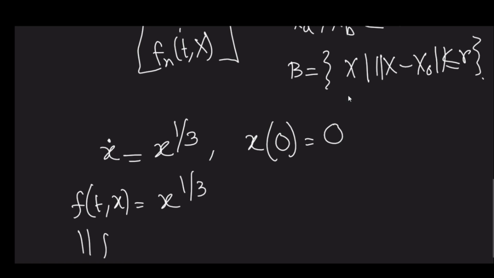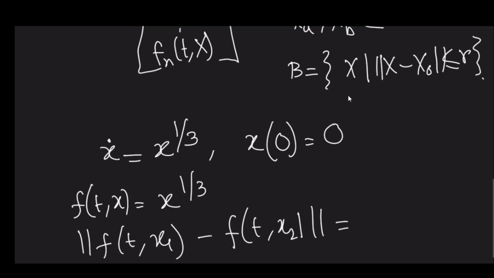So let us take f(t, x1) minus f(t, x2). What you will get is the norm of x1 to the power 1 by 3 minus x2 to the power 1 by 3. Now at this juncture it is difficult for you at x equal to 0.